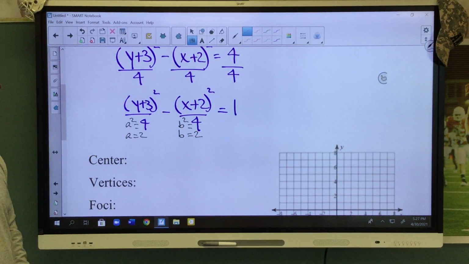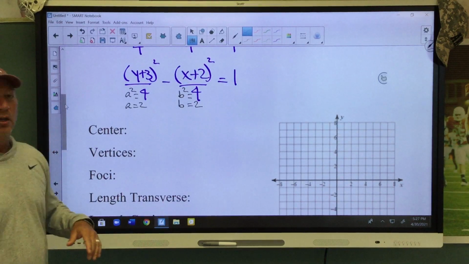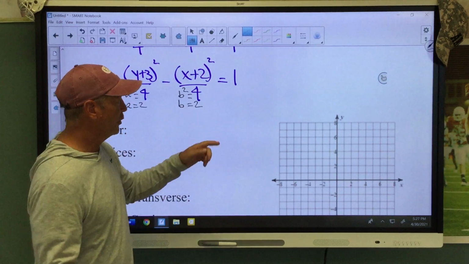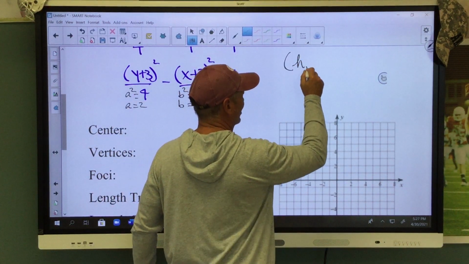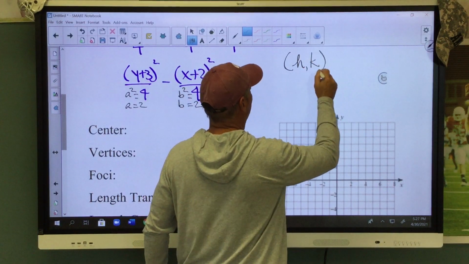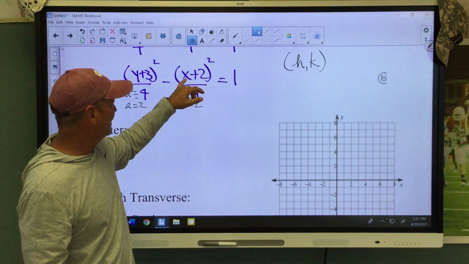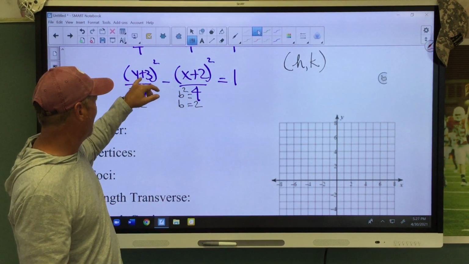Got it? We need to find our center. Take a deep breath. Don't get in a hurry. Your center is always going to be h, comma, k. This is going to be x minus h, y minus k.